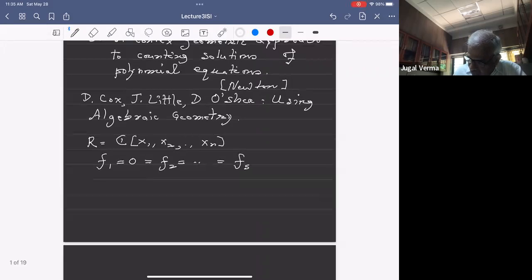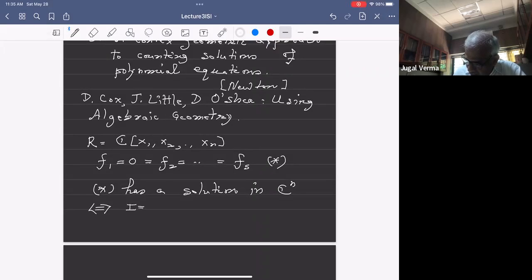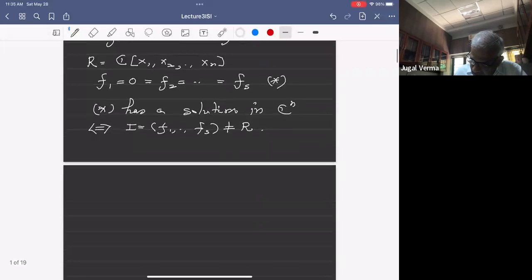And so we know that star has a solution in C^n if and only if the ideal generated by these polynomials is not the whole ring.